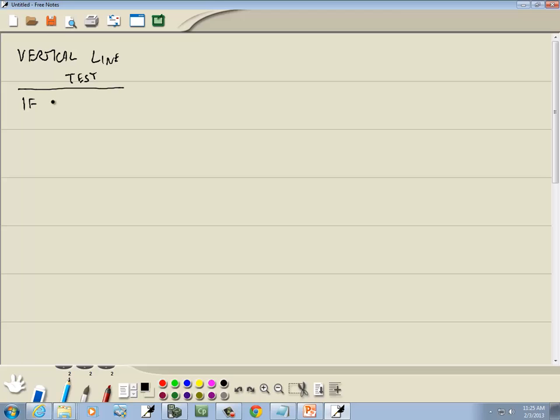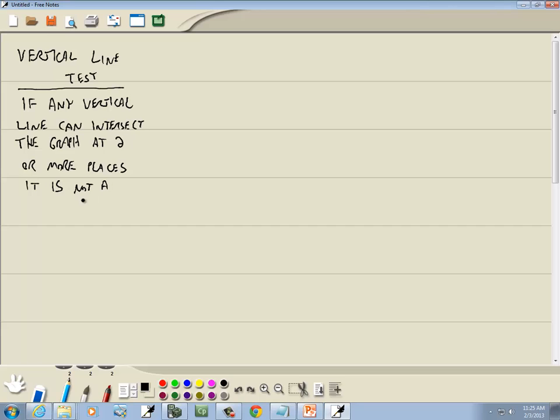It says, if any vertical line can intersect the graph at 2 or more places, it is not a function. So if any vertical line can intersect the graph at 2 or more places, it is not a function.